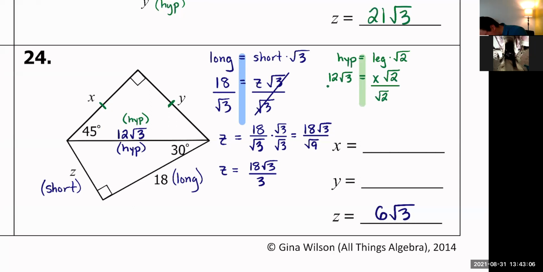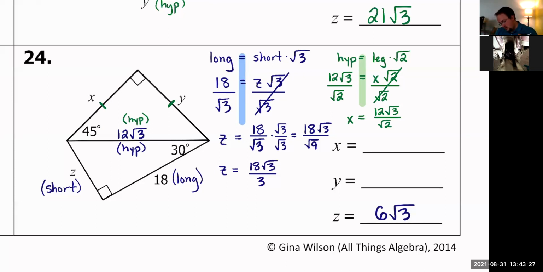Divide both sides by the square root of 2. Ooh, what a mess. I get x equals 12 square roots of 3 over the square root of 2.